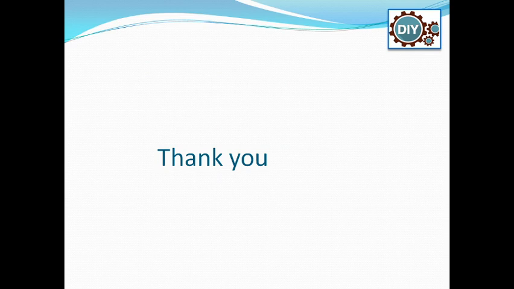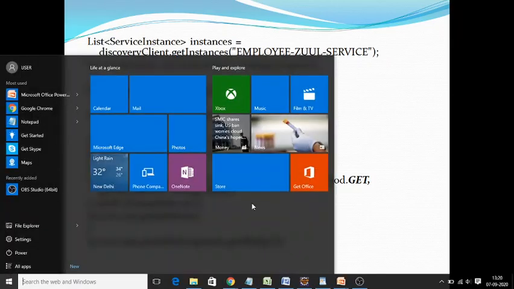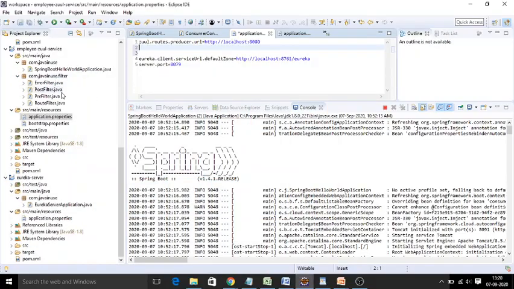With that Zuul proxy instance, you are going to get your base URL. Once you get the base URL, you can create your REST template and consume your response into your client application.